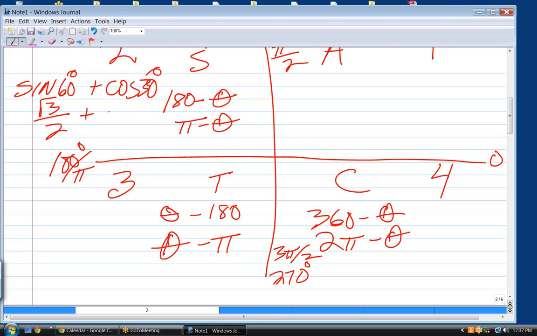Negative square root of 3? Same thing. Square root of 3 over 2. It's in the first quadrant. All trig functions are positive in the first quadrant. Okay? So if you have square root of 3 over 2 plus square root of 3 over 2, what is that? Square root of 3? Correct. So that's the answer.